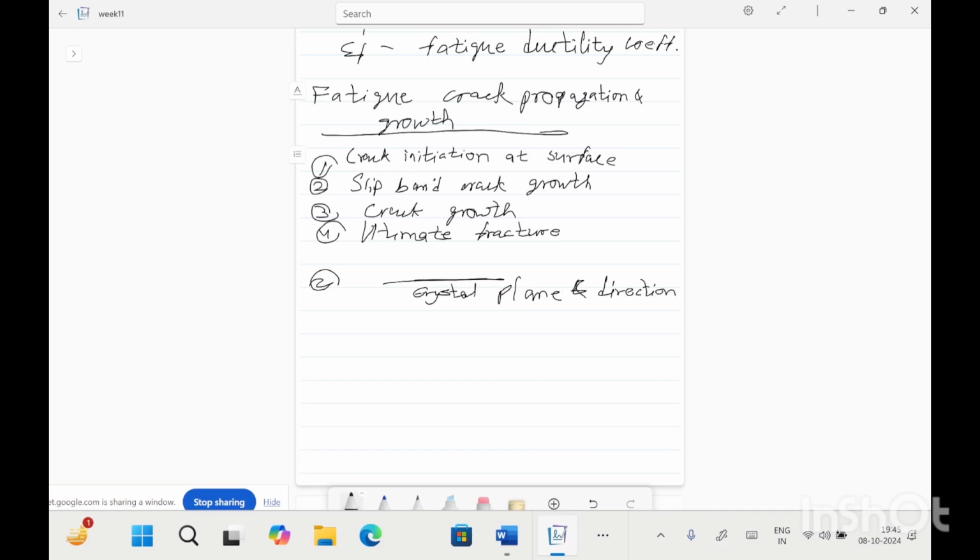First the crack will initiate at the surface, and it will propagate initially along the slip plane and direction, and then further grow in a transgranular mode, deviating from the slip plane and direction. So the fatigue crack is generally transgranular.